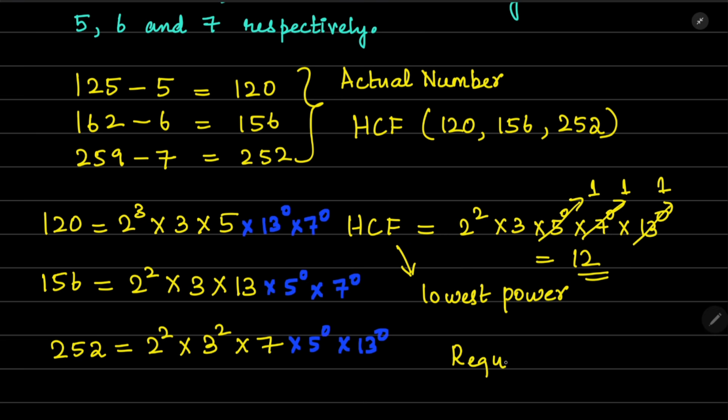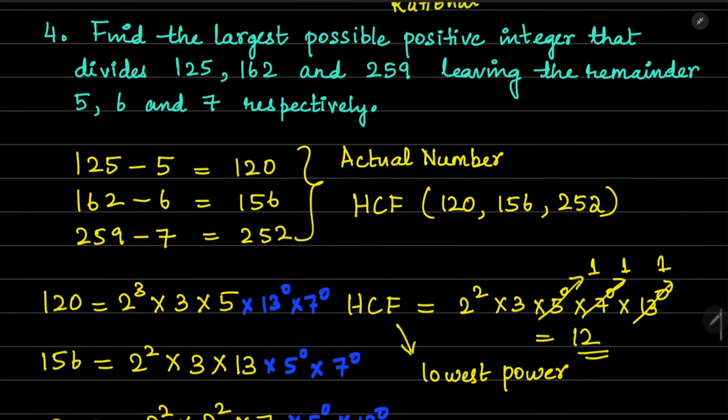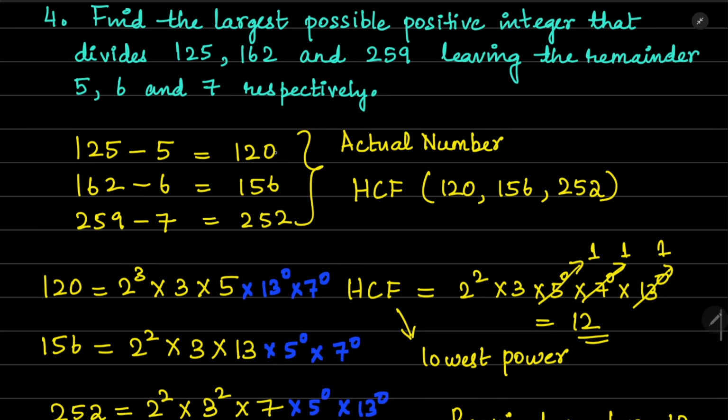The required number is nothing but 12. So 12 is the largest positive integer that can divide 120, 156 and 252 without leaving a remainder. That means 12 can divide all these three actual numbers perfectly.